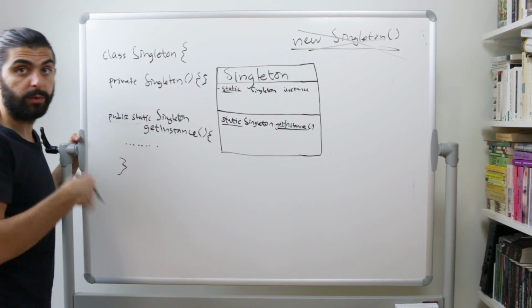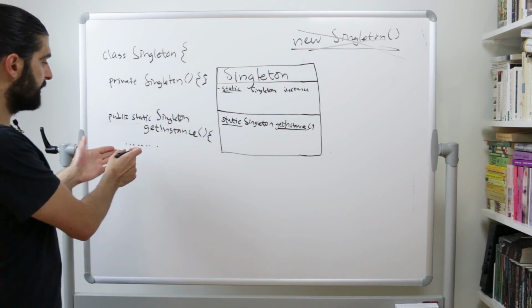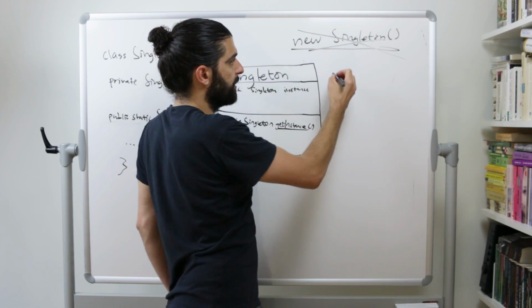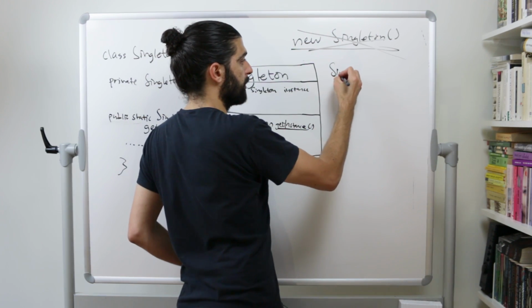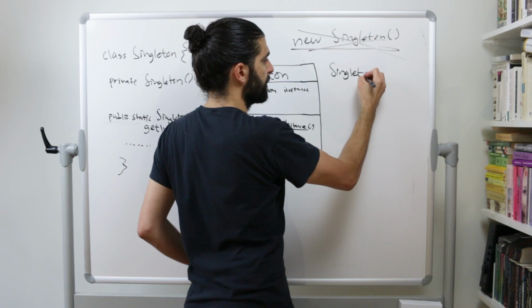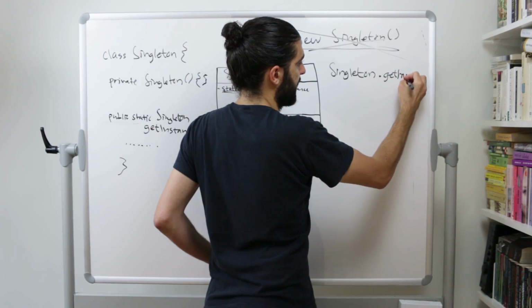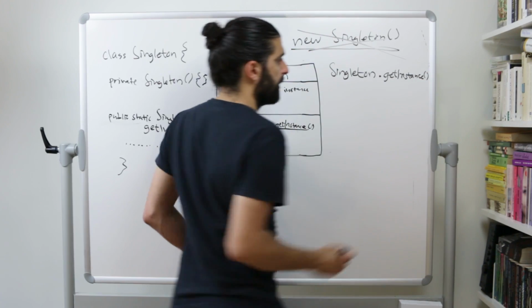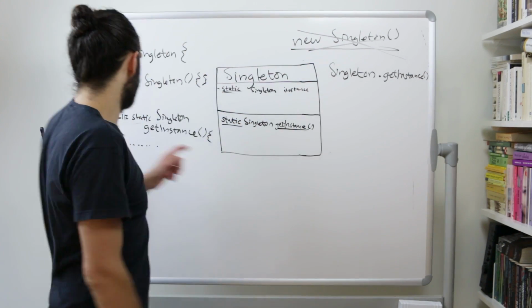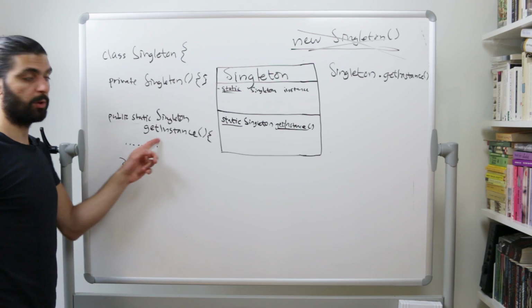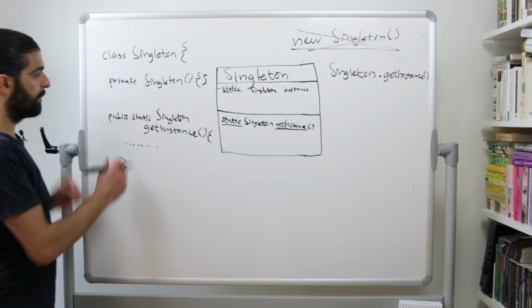And we'll make sure that we always get the same singleton instance. And of course, this means that back over here, we still can't do new singleton, but we can do Singleton with capital S, in other words, the class Singleton dot getInstance. This we now can do because there is a public static method that returns a singleton and is called getInstance.